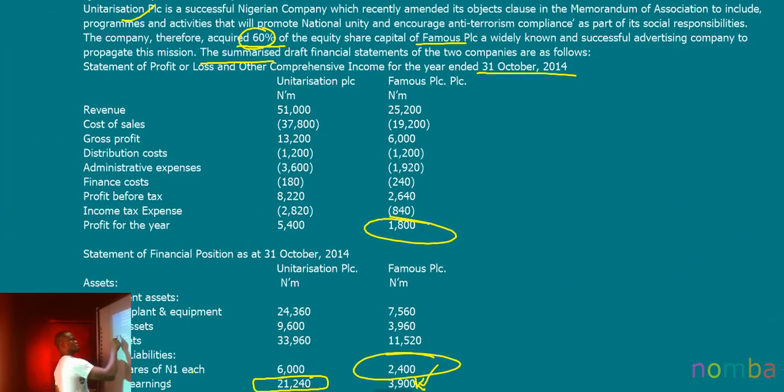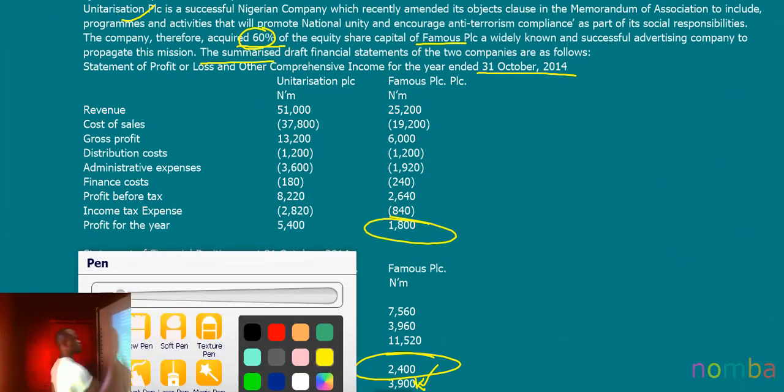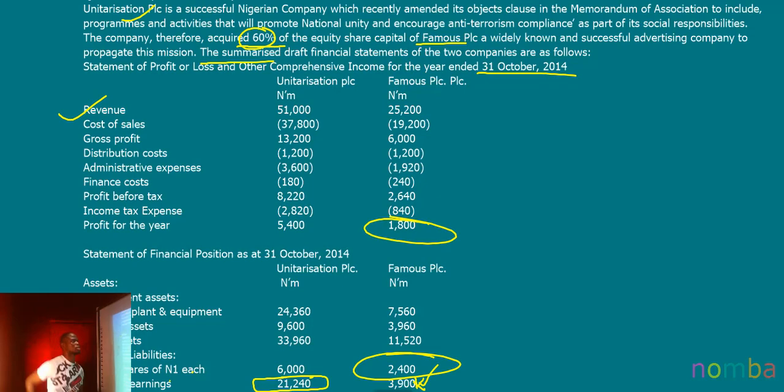Okay, the first item here is the revenue. For Unitarization, the revenue was 51,000. For Famous, it was 25,200. However, what we consolidate for Famous is the post-acquisition amount. Remember that this is an acquisition during the year.